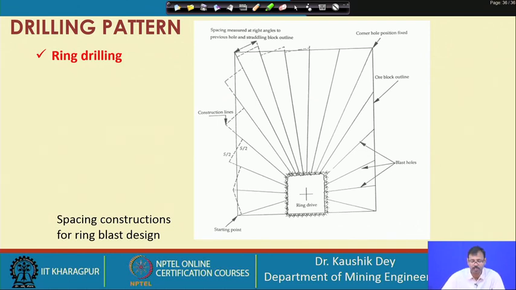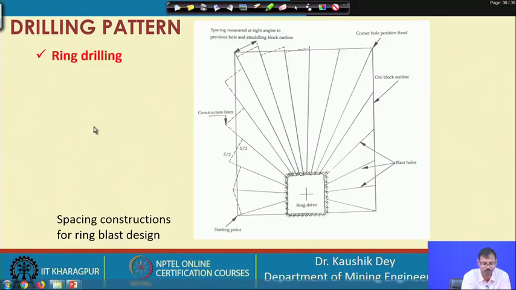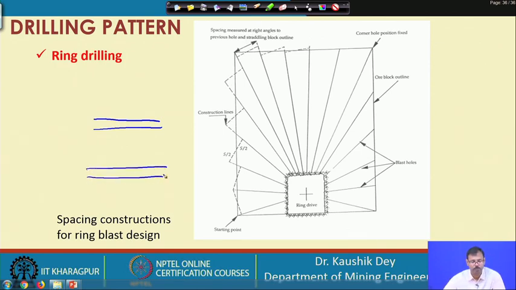Basically, if you look into ring hole drilling, the principle is like this. If this is the drift which is supplemented by another drift in the level below, and this complete portion of rock has to be blasted together, then ring drilling is practiced.